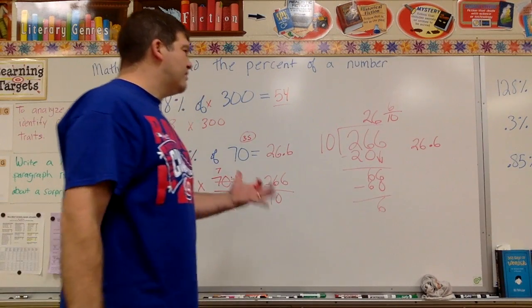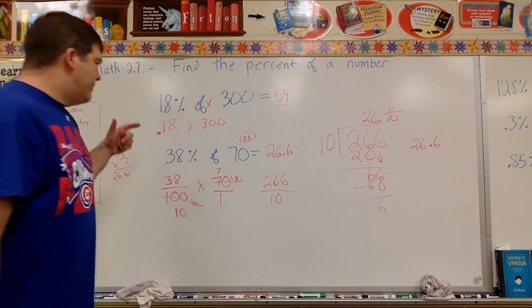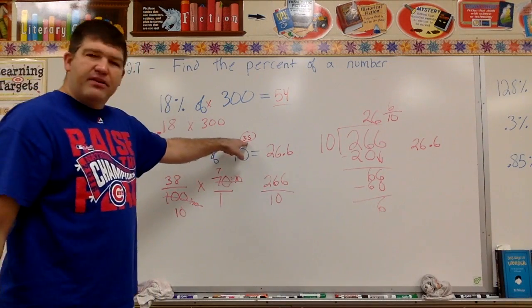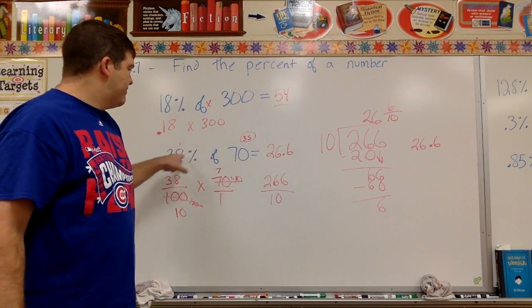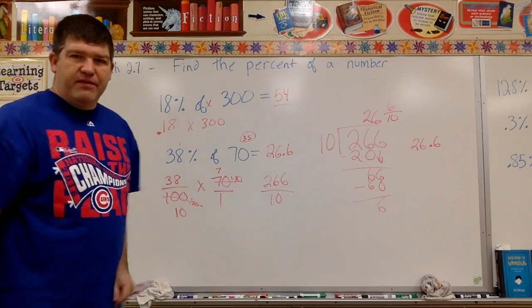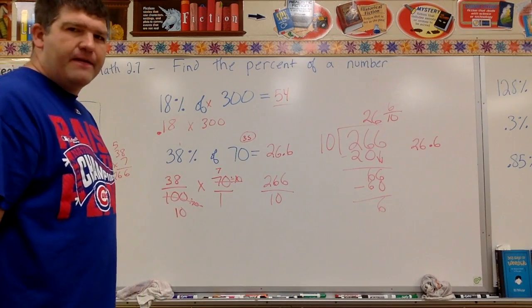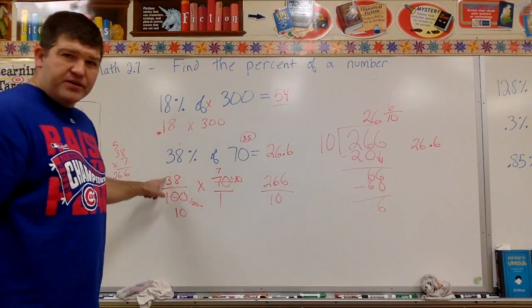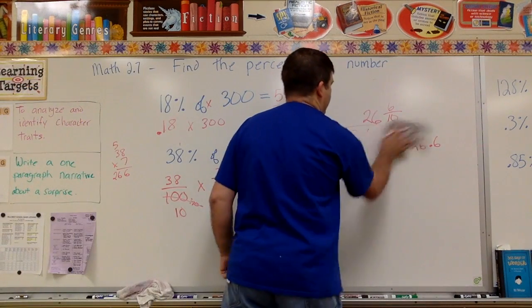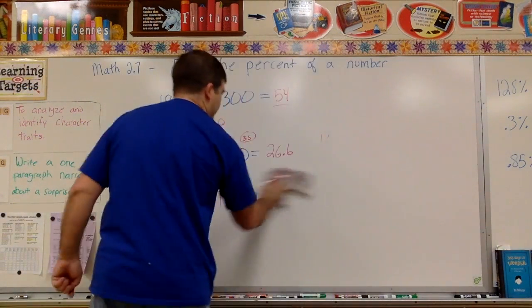So either way, you're going to get 26.6. Now, I got 35 as less than 50% of 70. This is less than 35. I feel good about where I'm at. So that's if I make it into a fraction. Let's make this into a decimal and do it. See if we get the same answer.